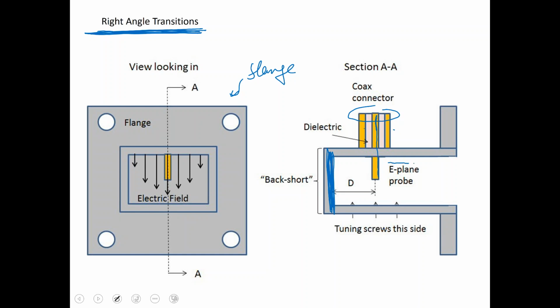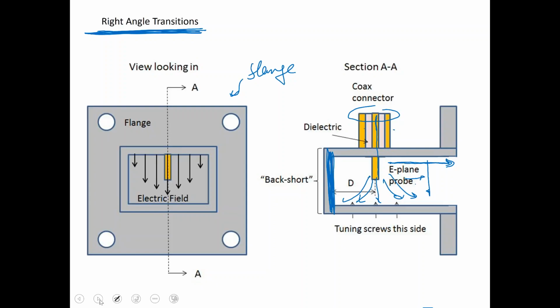And then you have a distance over here, effectively acting like a cool down distance, so that when you have the electric field radiating outwards from this conductor, this region allows this electric field as it's propagating to become more and more like plane wave. So this distance is required to stabilize the mode, and then you screw this in front of your waveguide, so the waveguide will be ahead of it.